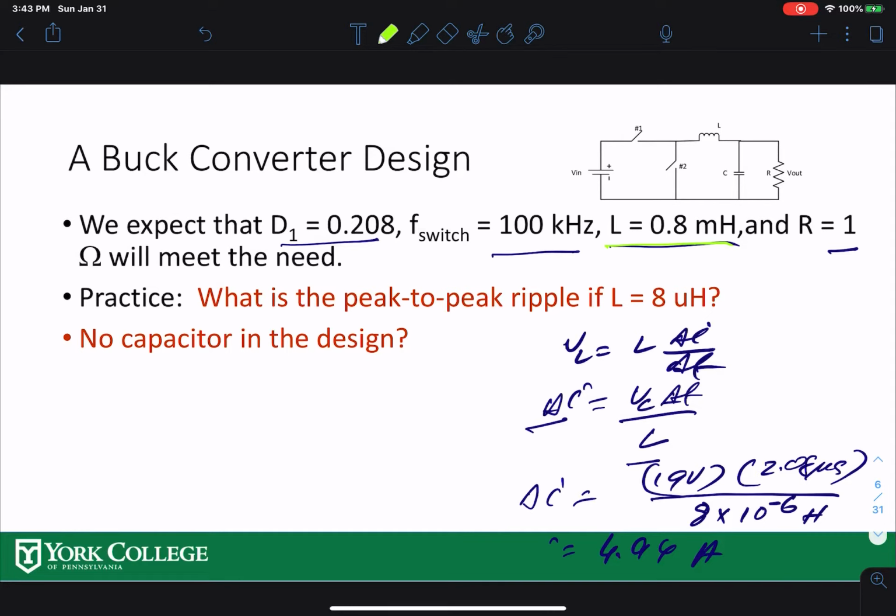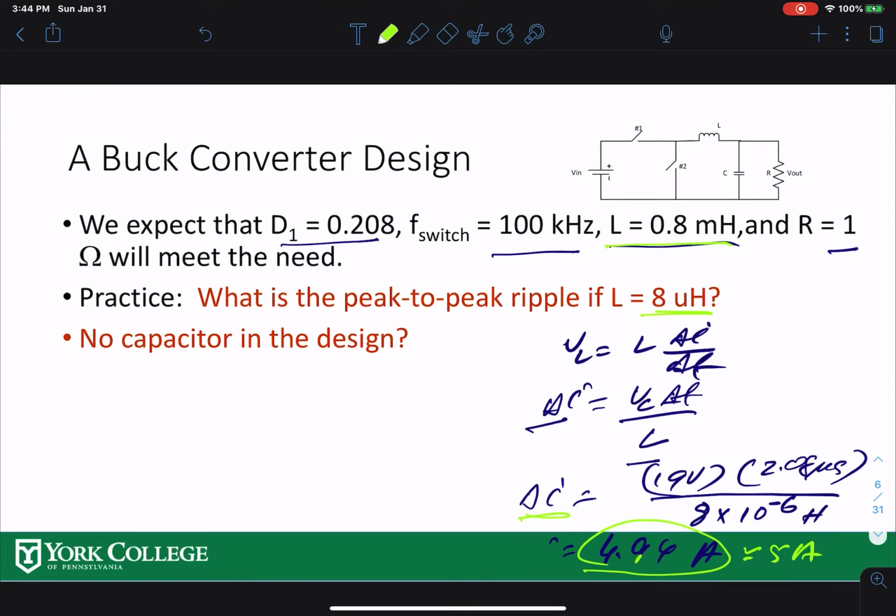Now, if you have an 8 microhenry inductor, what will happen? If you do the same math, everything is the same. Your L is 8 microhenry, and your peak-to-peak ripple becomes 5 amps. That means when you go lower with the inductor value, your ripple goes up in the same proportion.